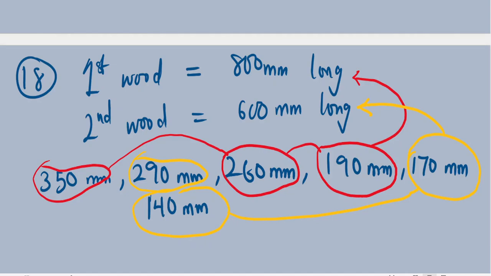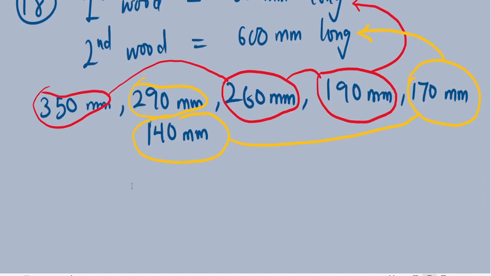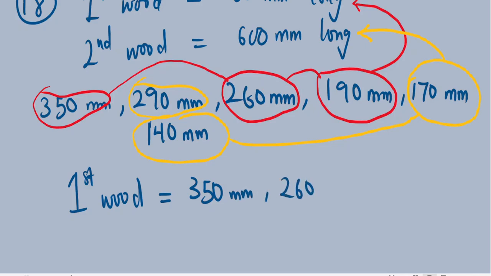So you see now that the first wood will be divided into 350 millimeters, 260 millimeters, and 190 millimeters to give 800 millimeters.